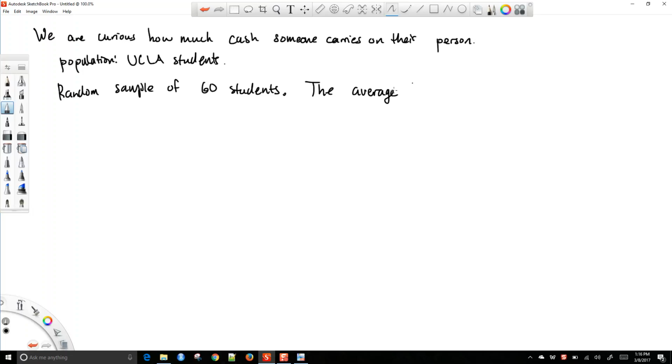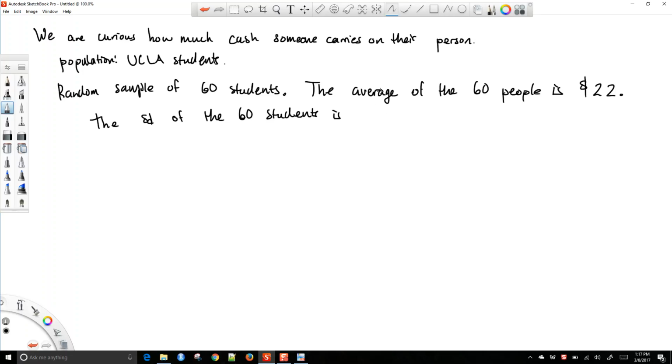I'm making this up. Okay, so the average of these 60 people is, I don't know, 22 bucks. I'm making that up. And then we'll say the standard deviation of the 60 students is, I don't know, $10.50.